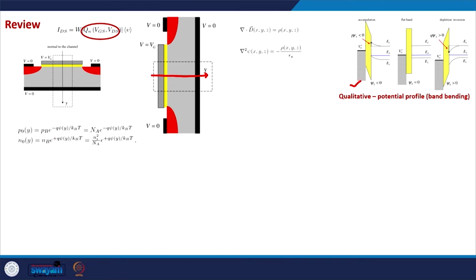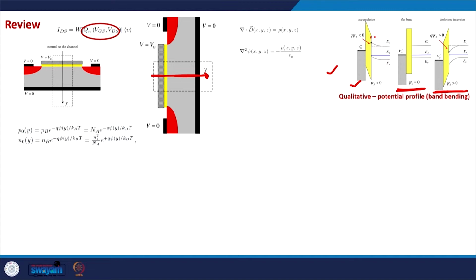This is the accumulation regime, when a negative gate voltage is applied on an N MOSFET, which attracts a lot of holes at the interface of oxide and semiconductor, leading to the accumulation of holes. This is the flat band situation, and this is the depletion or inversion region when a positive gate voltage is applied. So this band diagram picture in the y direction gives a very good intuitive understanding of the electrostatics of the MOSFET and MOS capacitor.